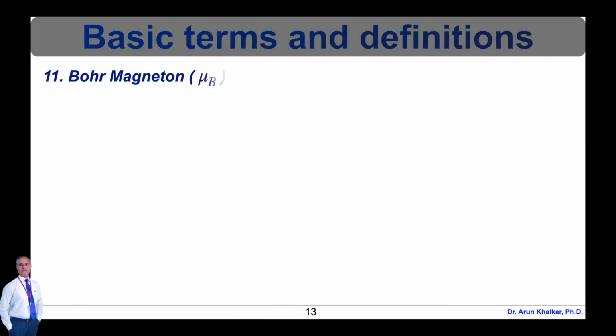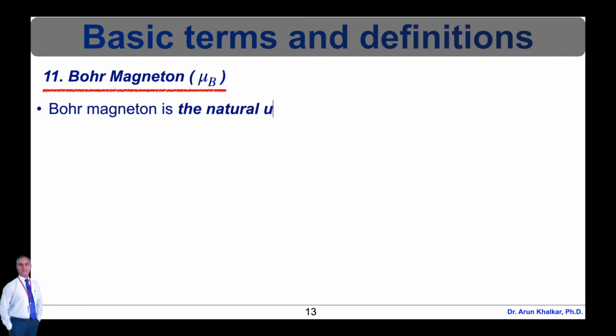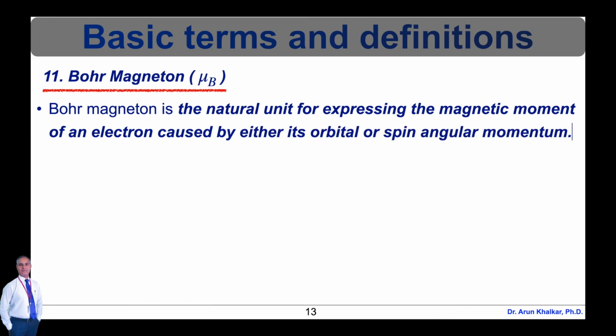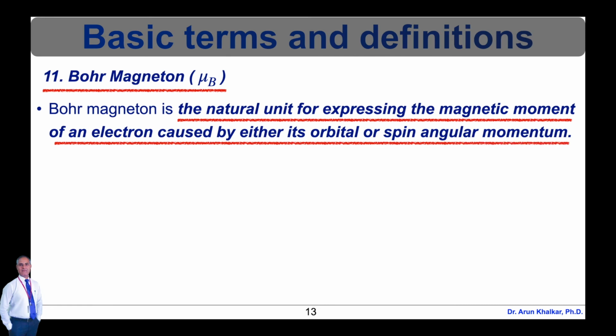Now finally, let's see Bohr magneton, which is represented by mu subscript capital B. Bohr magneton is the natural unit for expressing the magnetic moment of an electron caused by either its orbital or spin angular momentum. It is the natural unit for the measurement of atomic magnetic moments.